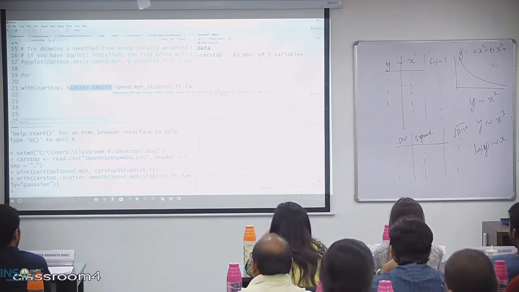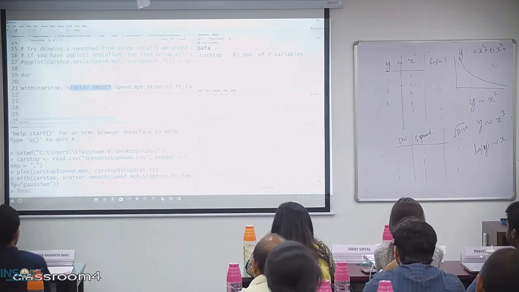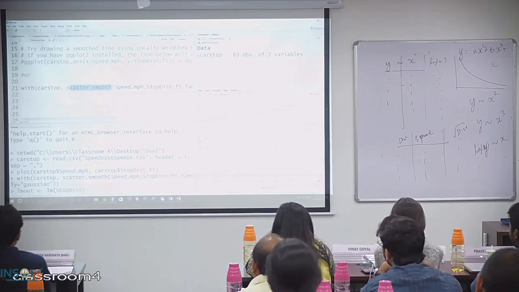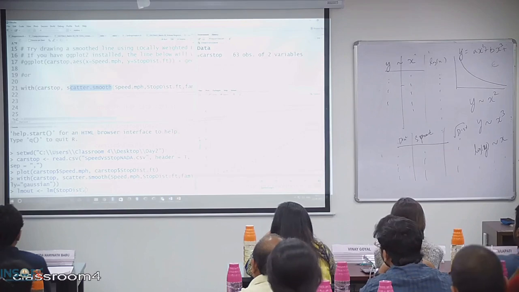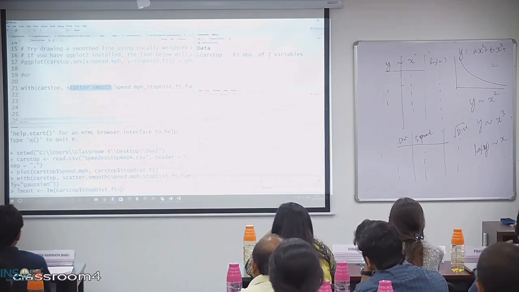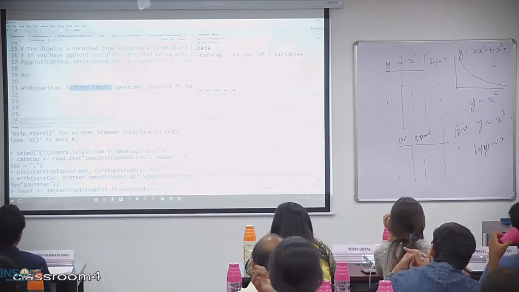Okay. So as I said, I can try and do a linear model. So LM out is a linear model of stopping distance as a function of car stop speed.